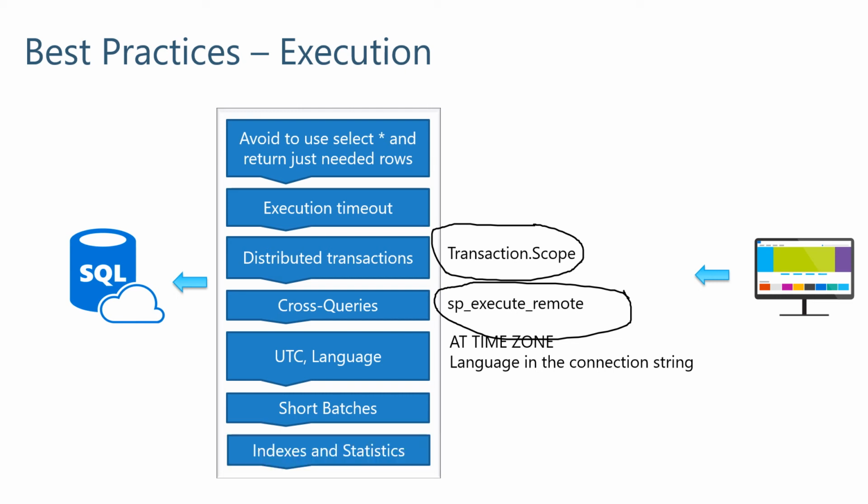And as explained before, it's very important to avoid long batches. My suggestion is always to use short batches in order not to have problems with the transaction log or tempdb, and to have a very good maintenance plan.